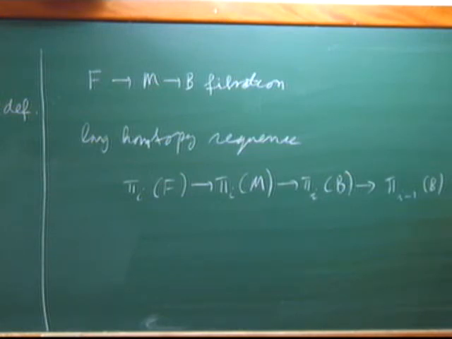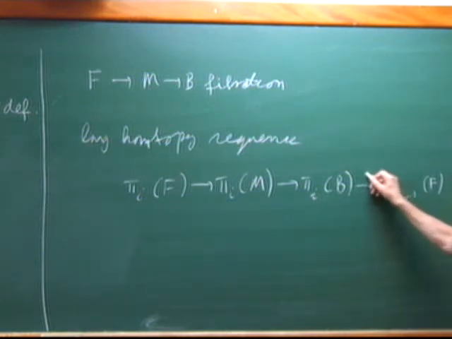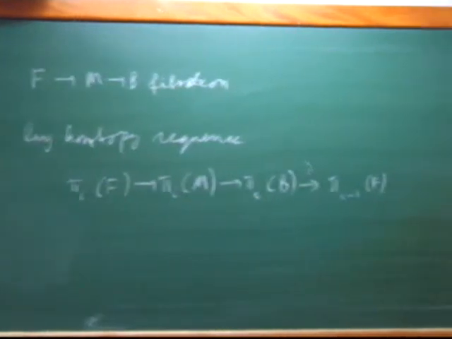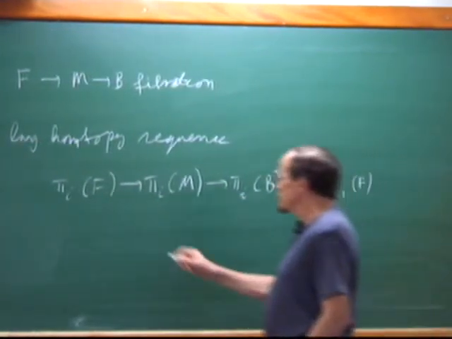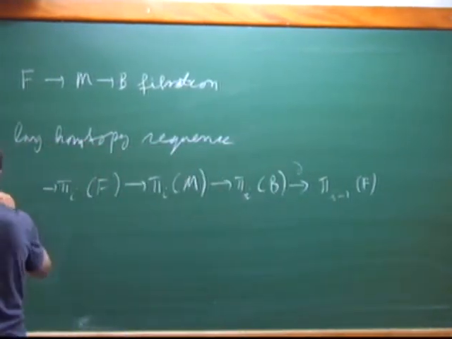Fiber, yes. How does that go again? Some kind of boundary map, right? So of course this then comes from pi i plus 1 of the base.